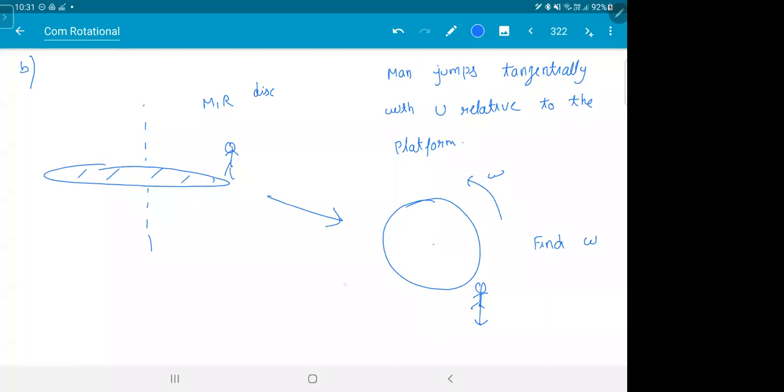This is a top view. Hope you got it. Like you are standing on the merry-go-round on the edge and you jump off tangentially. So the merry-go-round will start rotating. Find omega after he jumps.